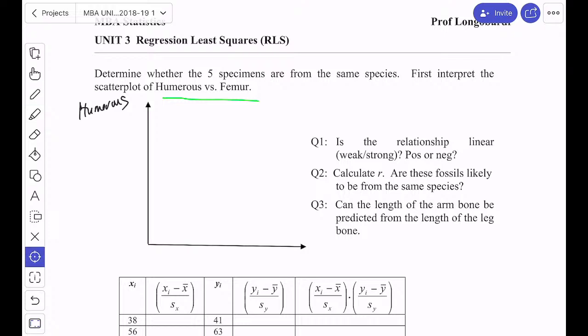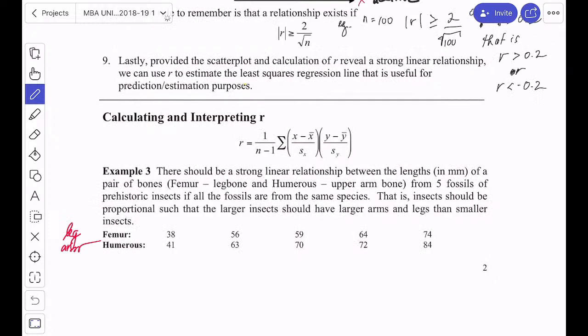Right, so it's always Y is the first one and then X. And for insects, the arm bones will be bigger than the leg bone, right?